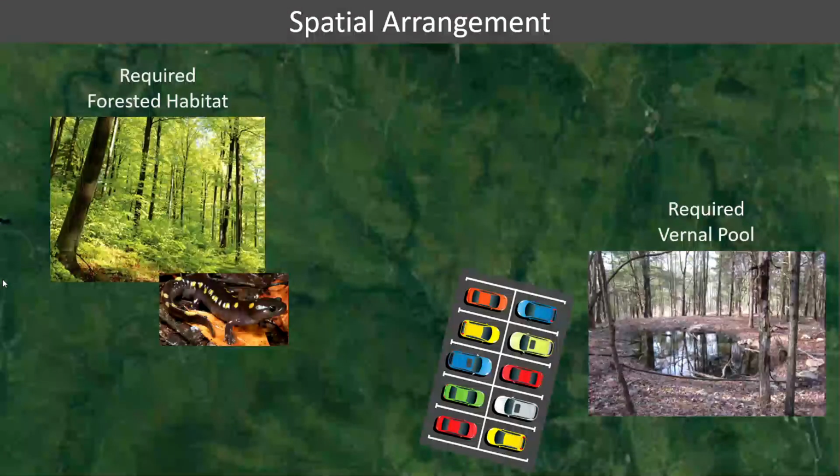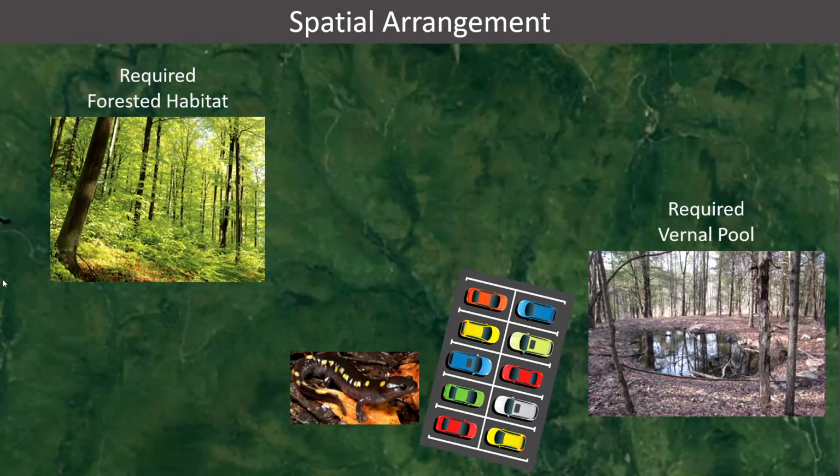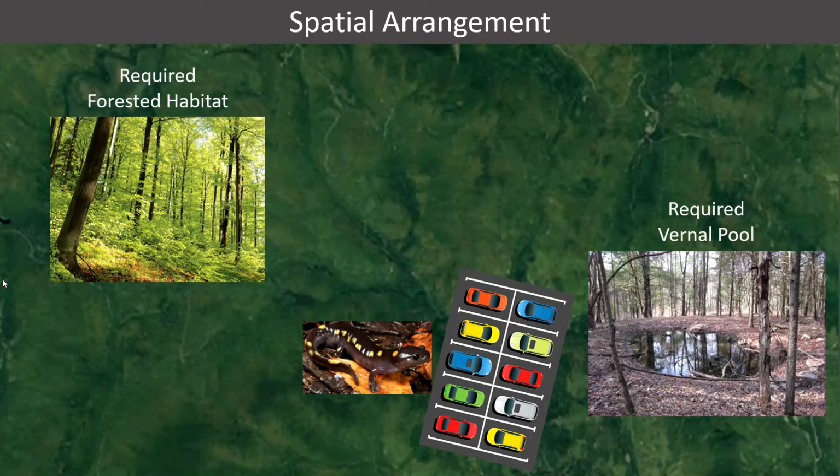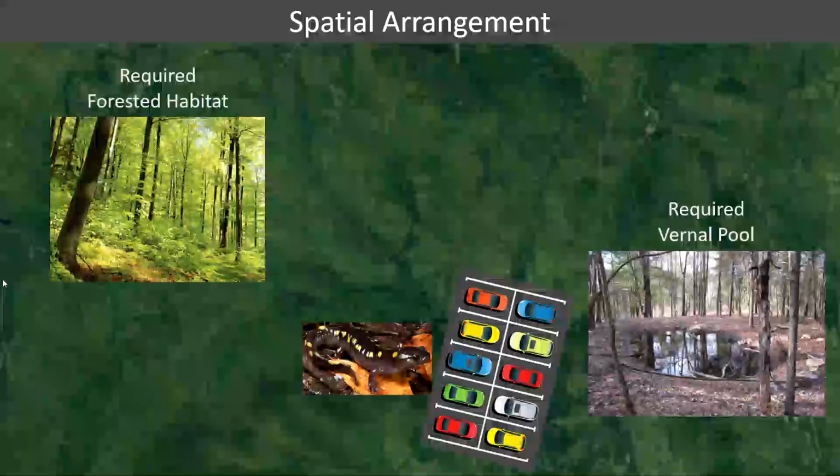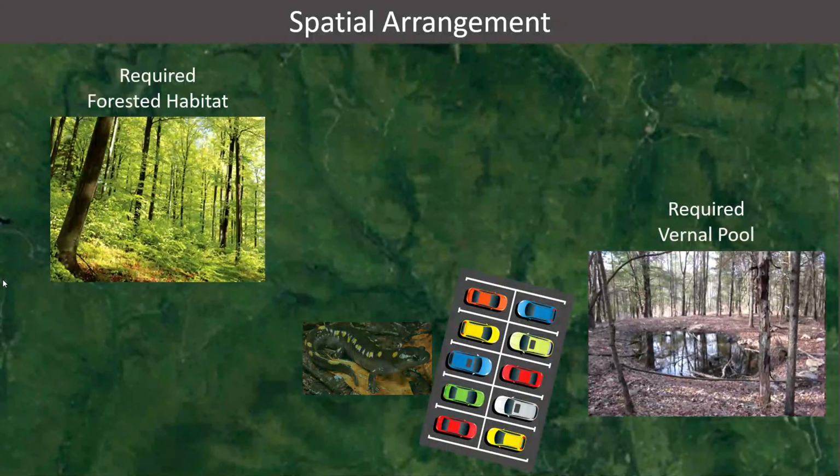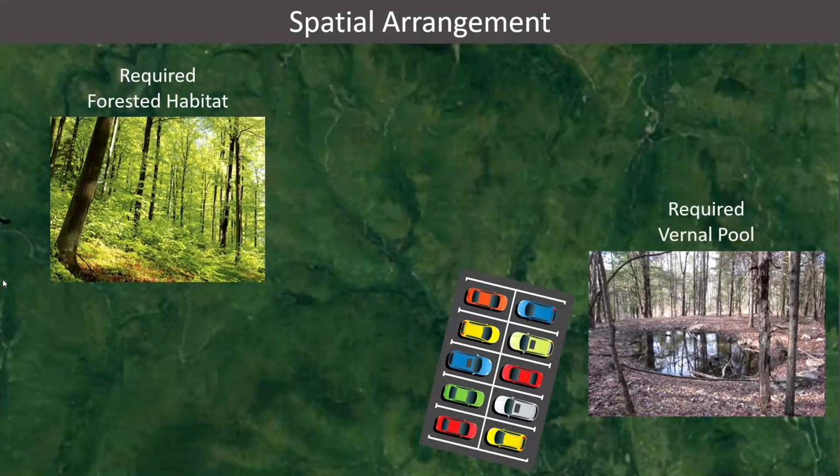But if a large parking lot or a major road is built, it may create a barrier that makes it impossible for salamanders to move between their required habitats. So although both habitats still occur within the landscape, the required vernal pool is located in an area where it is no longer accessible to salamanders. This salamander population is now unable to breed and will eventually be lost from this landscape.